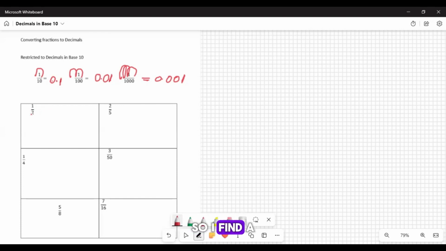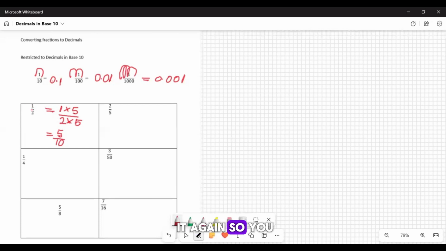So I find a factor by which I multiply 2 to get 10, and that factor is 5. So this is the same as 1 multiplied by 5 over 2 multiplied by 5. So I'll have 5 over 10.